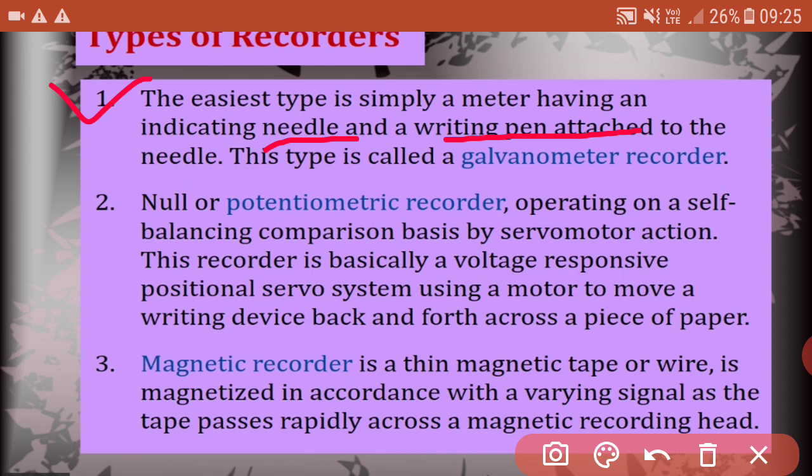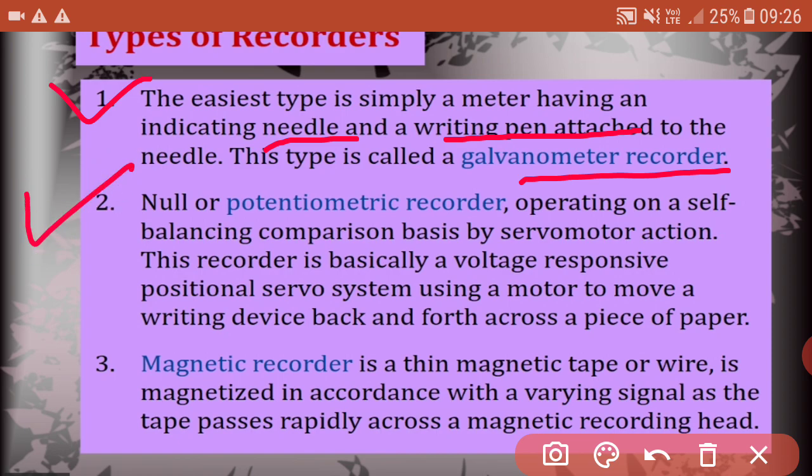This type is called the galvanometer recorder. This type of recorder is very simple and the easiest type. In this recorder there is one indicating needle and a writing pen attached to the needle, so this type is known as the galvanometer recorder.